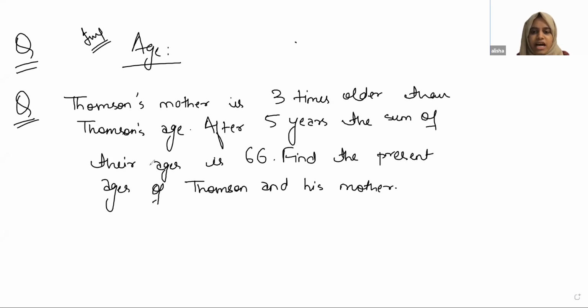So you can write that after 5 years, Thompson's age is equal to X plus 5.